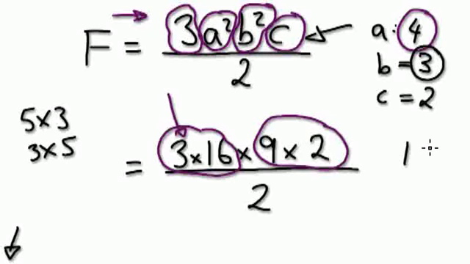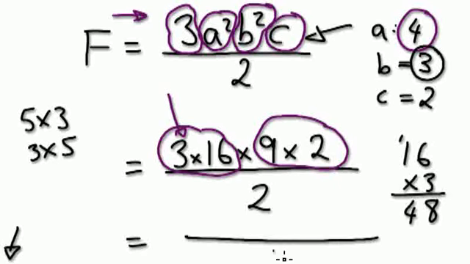Well, let's see. 16 here times 3. So this would be 18. Carry the 1. 3 times 1 is 3, plus that is 4. So this thing here is 48, and then we've got to times it by 18. So we're going to merge these two together to create 18.